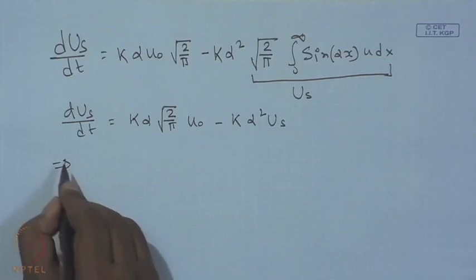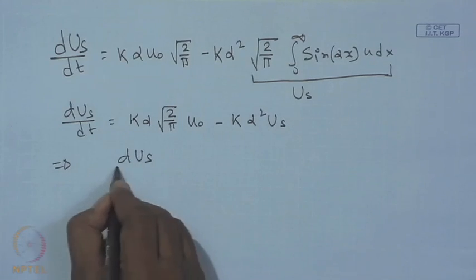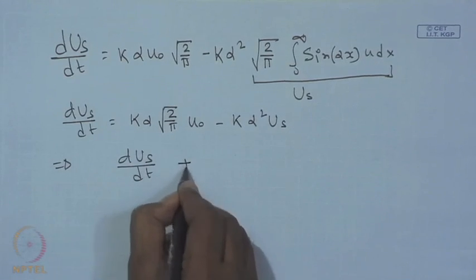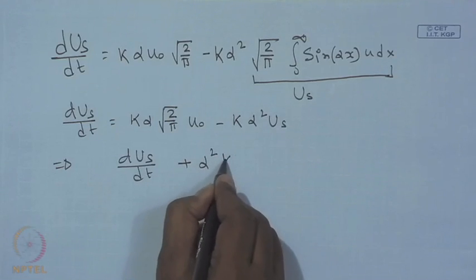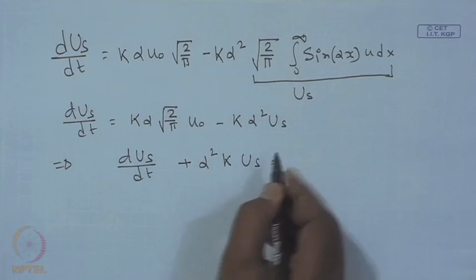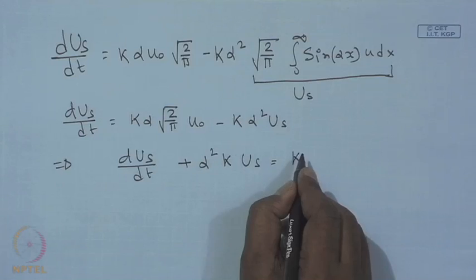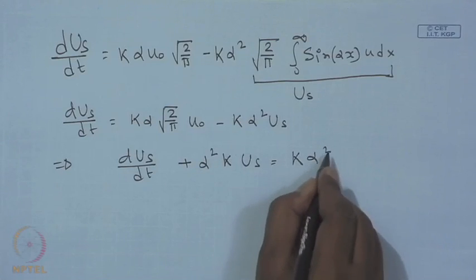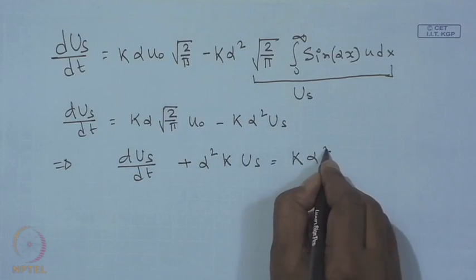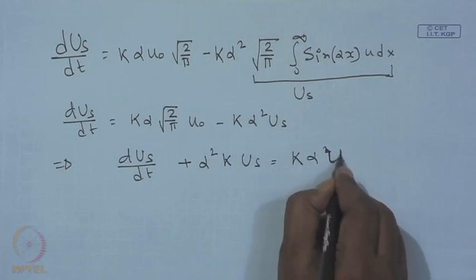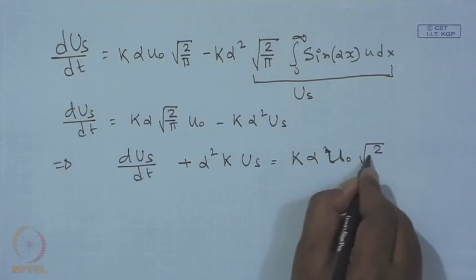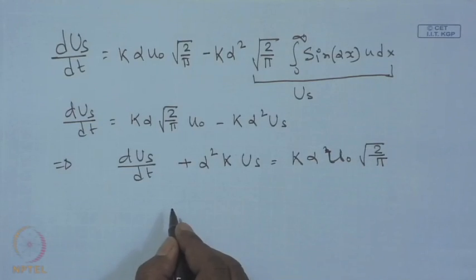So, we take it to the other side, this becomes du_s/dt plus alpha square k u_s is equal to k alpha u naught root over 2 by pi. Okay.